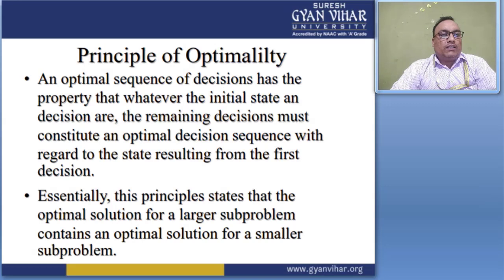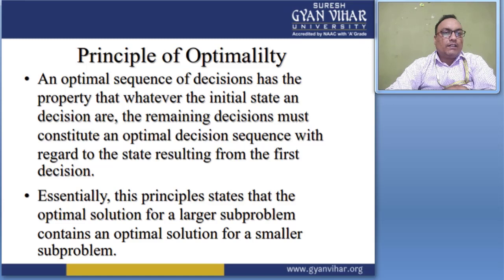Then come to the principle of optimality. An optimal policy has the property that whatever the initial state and initial decisions are, the remaining decisions must constitute an optimal policy with regard to the state resulting from the first decision.